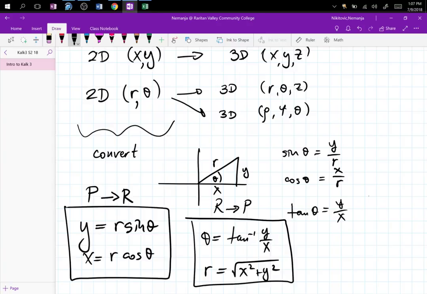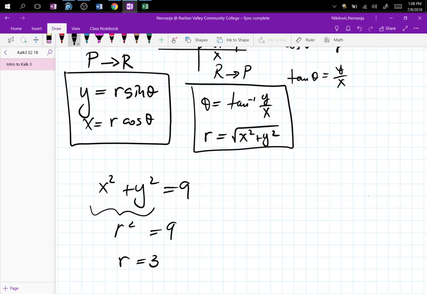And now, the earlier example that I had of x squared plus y squared equals 9, well, now it's clear. You can convert this in a few different ways. The way I did it earlier is I claimed that this is r squared, and then square root both sides, and I knew I need to put plus minus 3, but I am ignoring minus because r is radius and lengths are never negative.